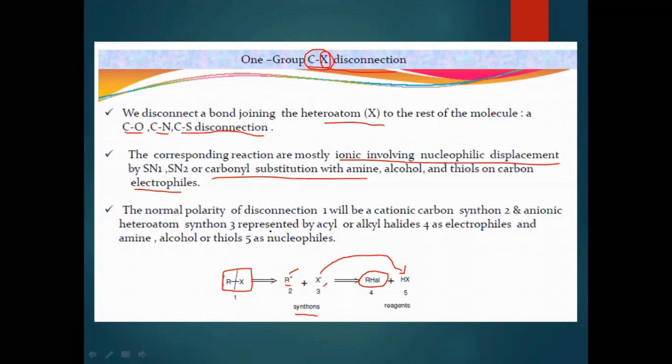You can propose the acyl or alkyl halide 4 as the electrophile, and the amine, alcohol, or thiol 5 as the nucleophile, HX. Then only can you reconstruct this target molecule.